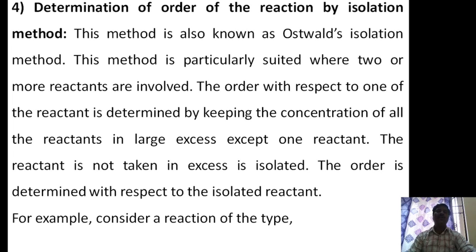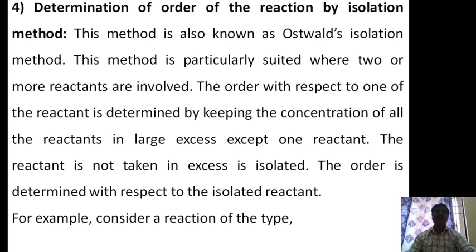Suppose the hydrolysis of methyl acetate. Here water and methyl acetate are both involved, but the rate depends on the order of the reaction with respect to only the concentration of methyl acetate, because water is taken in large excess and that will be neglected.